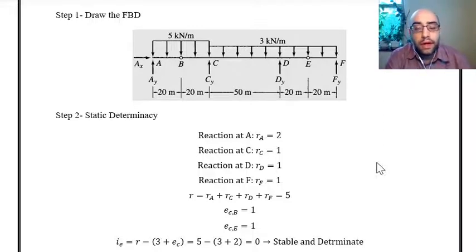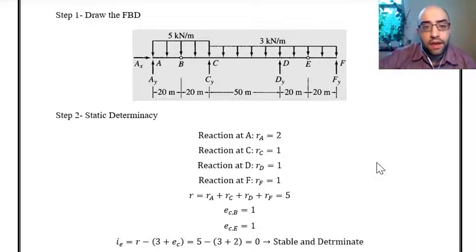As you know, I have repeated it a lot. Whenever we have a hinge in the structure or in the problem that we are looking at, we have to add EC as 1 or consider one equation of condition. And whenever we have a roller inside the structure or the frame that we are analyzing, we have to consider EC as 2.